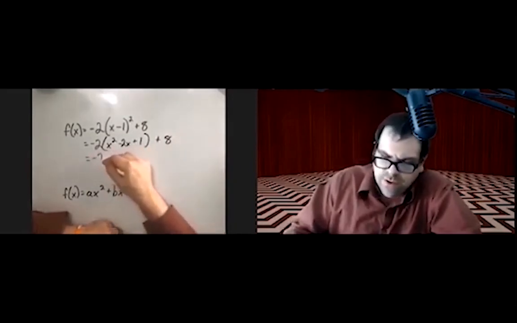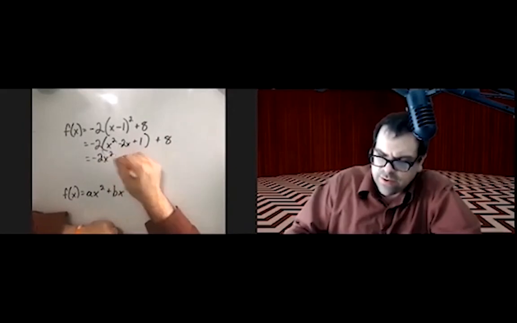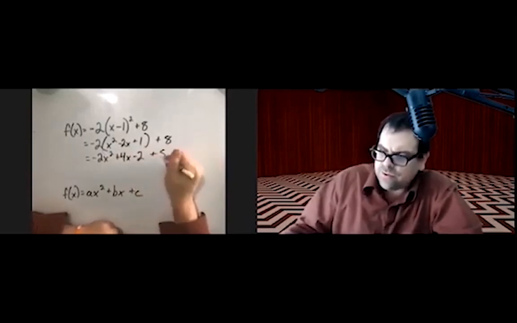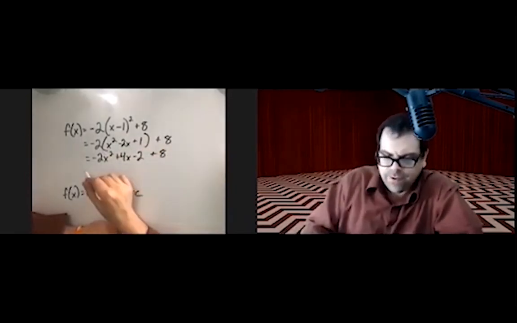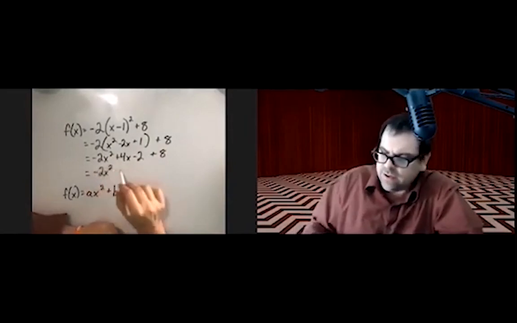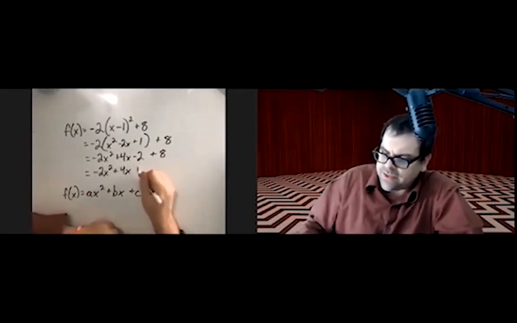Distribute the -2: -2x squared plus 4x minus 2 plus 8. And we have -2x squared plus 4x, and -2 plus 8 gives us +6.